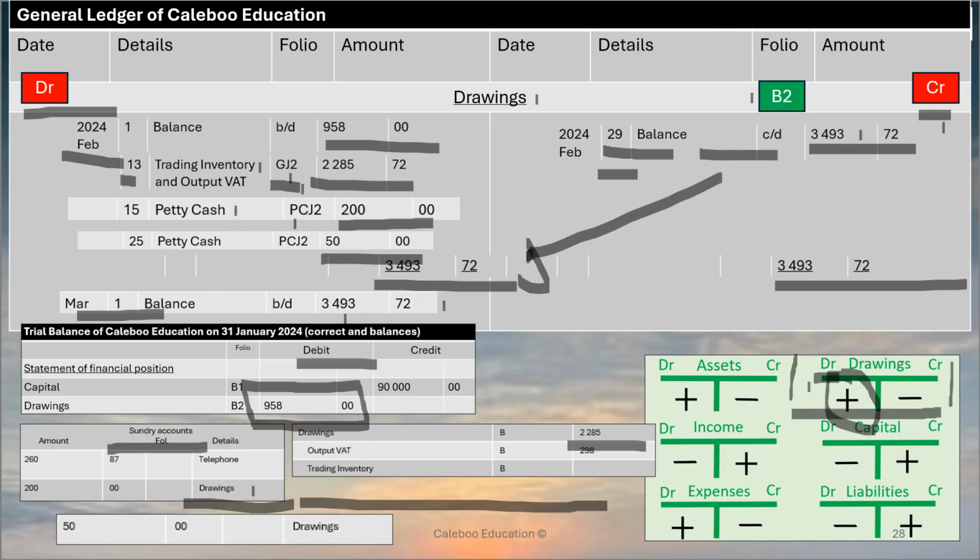If we draw up a pre-adjusted trial balance, the balance for drawings will be 3493. Now we've balanced three balance sheet accounts: the loan, capital, and drawings.